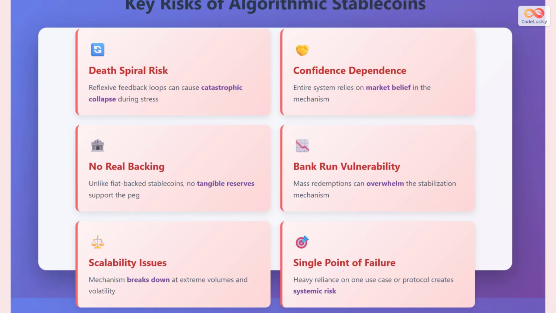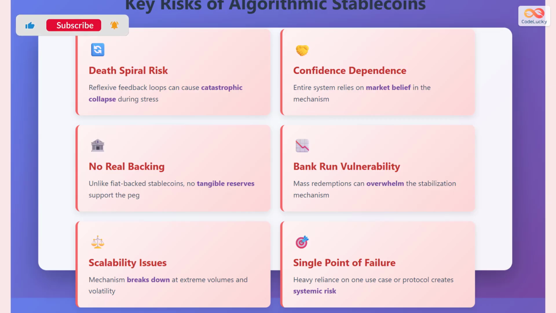This collapse revealed several critical risks inherent to algorithmic stablecoins. First, death spiral risk. Reflexive feedback loops can cause catastrophic collapse during periods of stress. Second, confidence dependence. The entire system relies on market belief in the mechanism. Once confidence is lost, the system fails. Third, no real backing. Unlike fiat-backed stablecoins, there are no tangible reserves to support the peg.